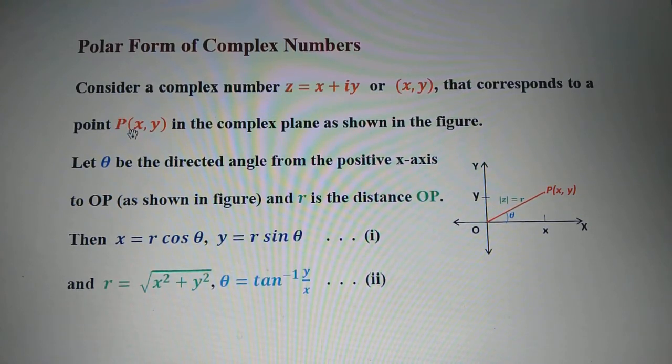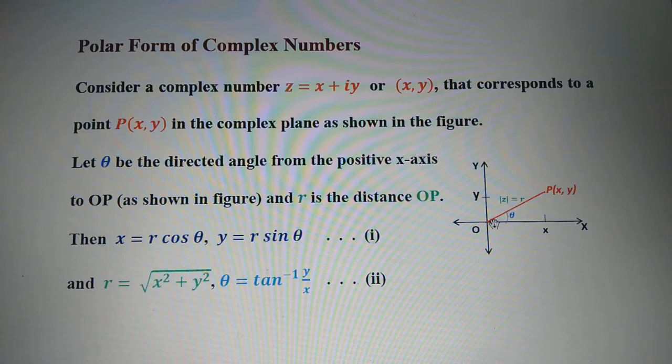And what are the coordinates of the point P? The coordinates of the point P are x and y. Suppose this is the point P having coordinates x, y, and join the point O to the point P. Then this OP is mod of z, the absolute value of z.